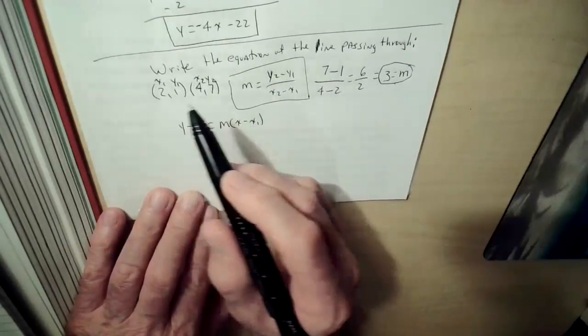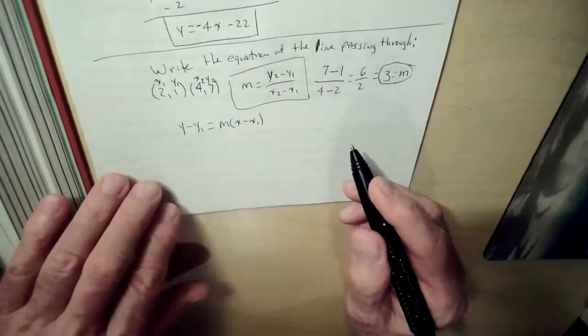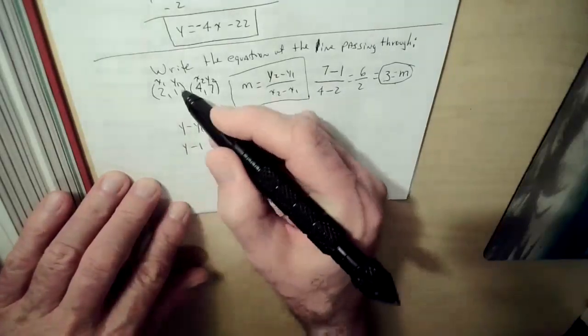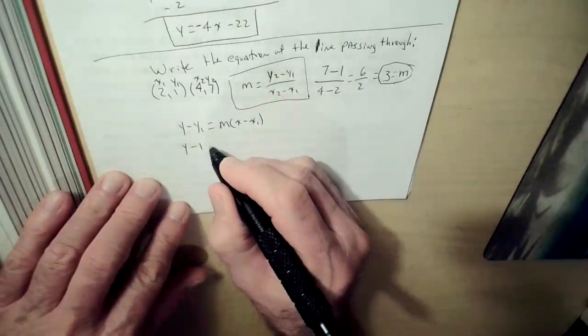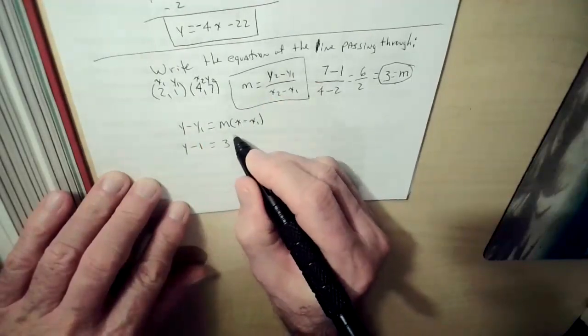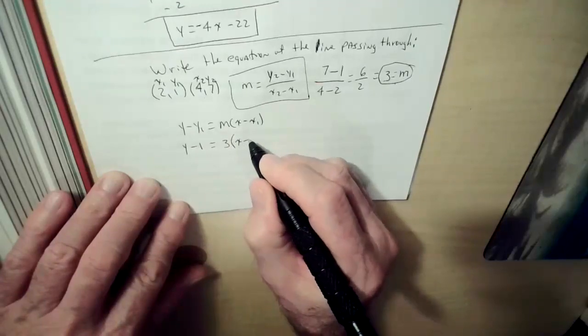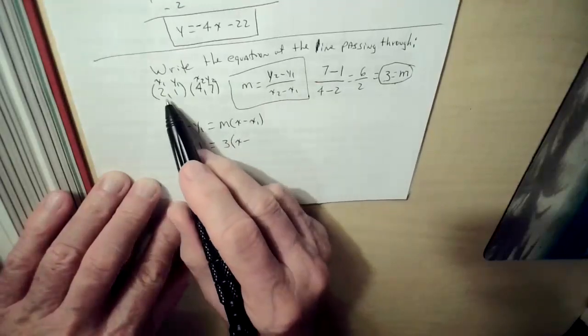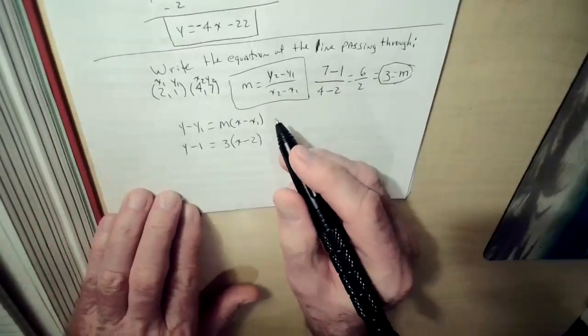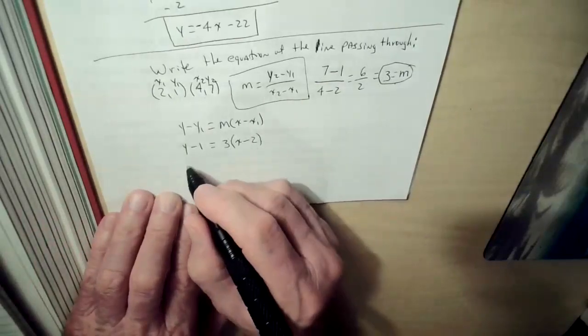The line is going to pass through both of these points. I'd use the easier one. Call me lazy. So y minus 1, y1 is 1, equals, our slope is 3 open x minus, and what is our x? 2.